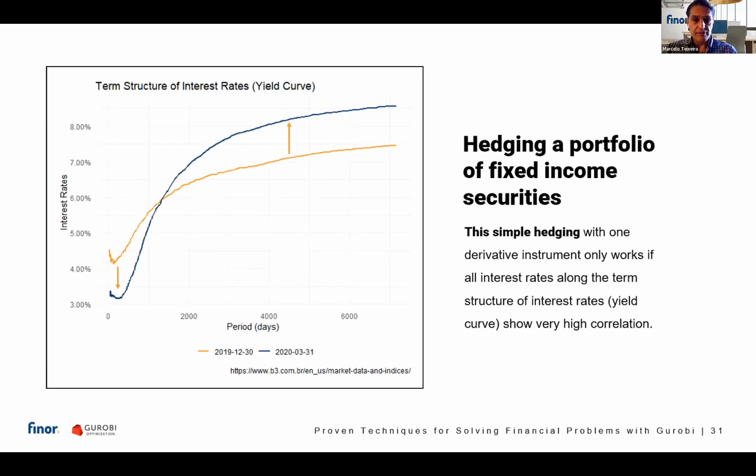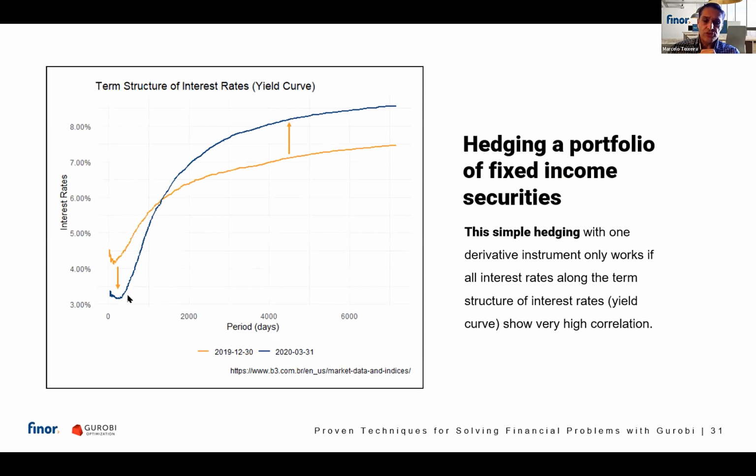So when you have several cash flows, you need to decide how to hedge, because you can actually trade a whole bunch of contracts throughout the yield curve, which is the term structure of interest rates. That's what I'm showing here: how the interest rates on the left side change according to the maturity of your security, with the periods in days.